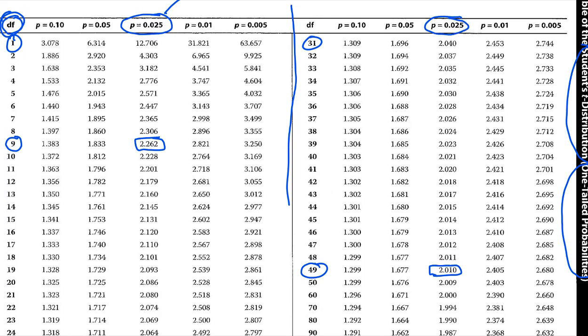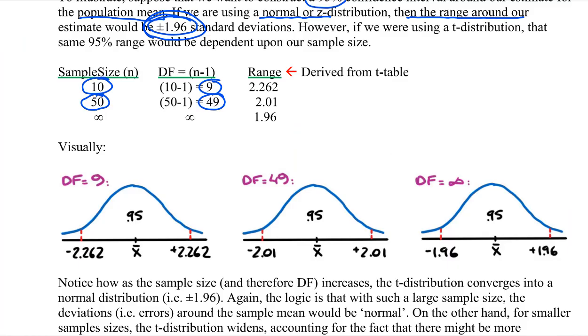And again, the 95% confidence interval corresponds with a tail area of 0.025. So once again, when we triangulate, we get a critical value of 2.01. And that's exactly where we got this number from.